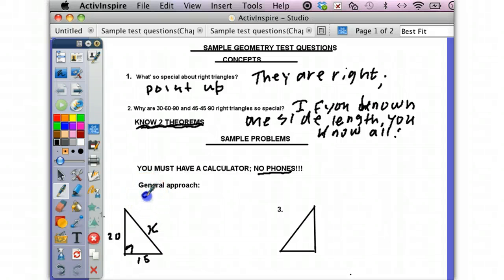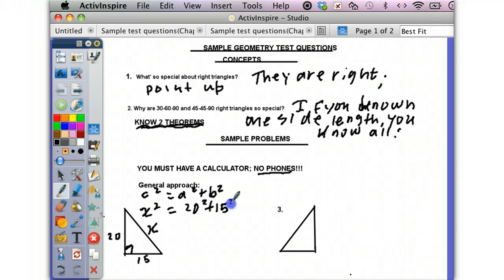So the setup here would be c squared equals a squared plus b squared. Now the key is to know which is the c. Roger, which is going to be the c, the 15, the 20, or the x? Absolutely, the x. So you put x squared is equal to 20 squared plus 15 squared.